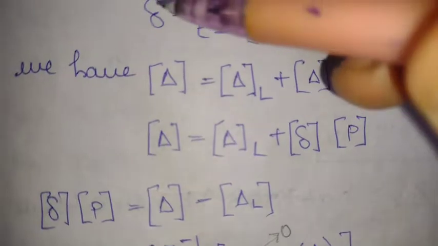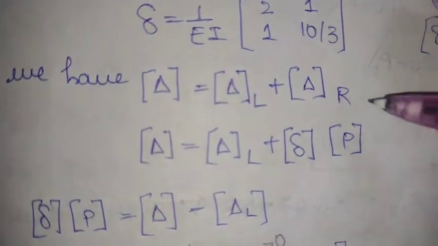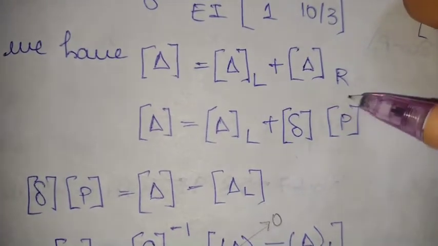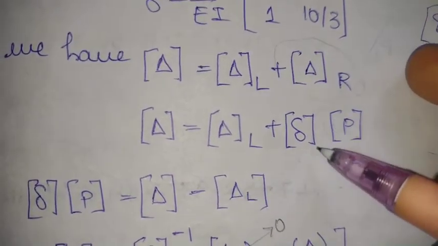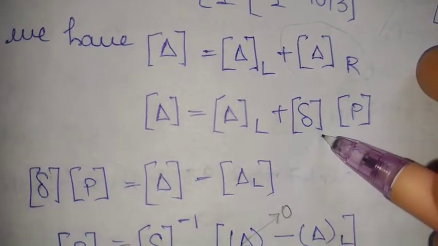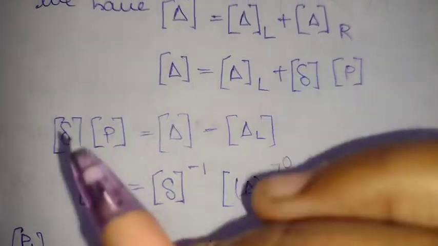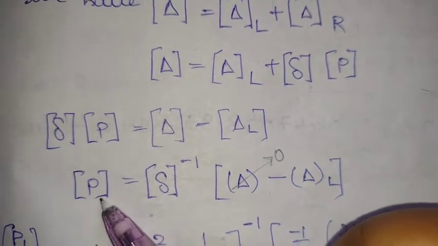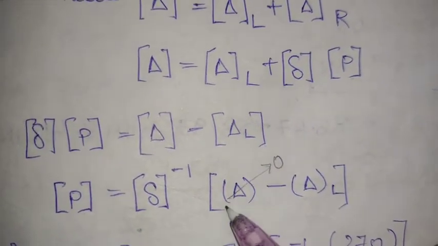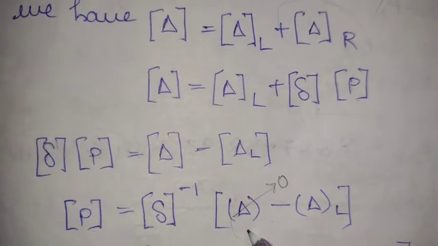Okay. So delta is equal to delta L plus delta R. That is delta L plus, we know the delta R is this one, the flexibility into the load applied. So when we need these loads, this will become an inverse, and this is the external loads applied at the joints.